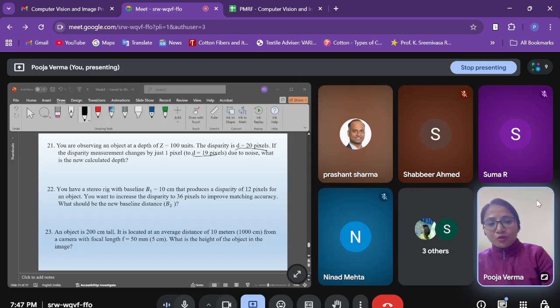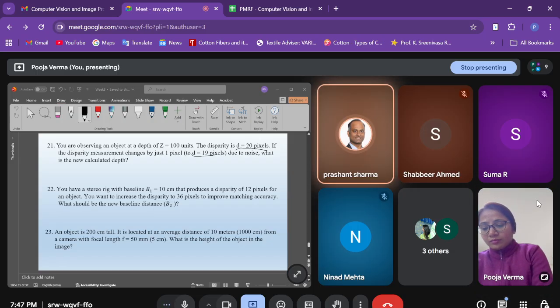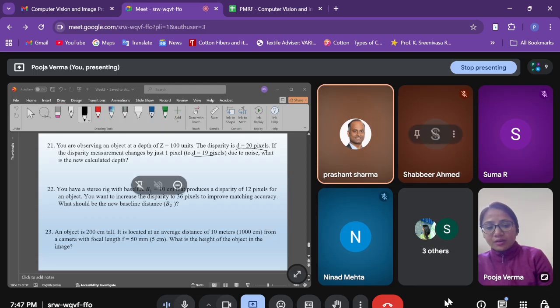Yeah, correct. How did you calculate this? Because depth is inversely proportional to disparity, I just did 100 multiplied by 20 divided by 19. Okay, yeah, that is correct.